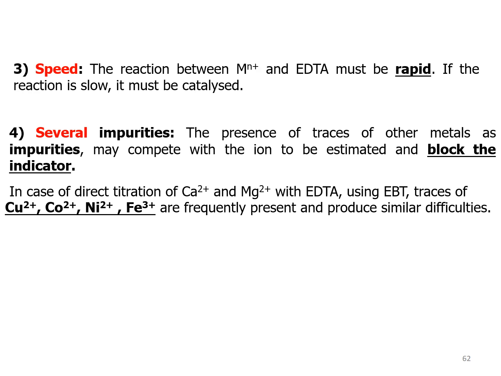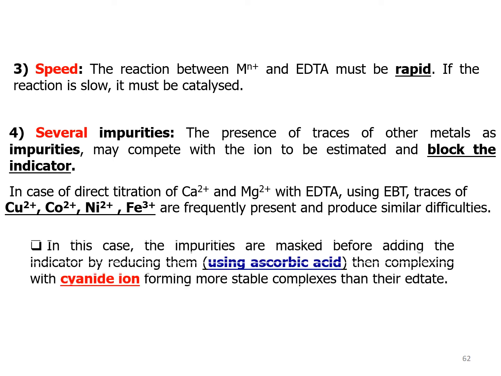For example, as we discussed earlier, in the titration of calcium and magnesium with EDTA using EBT, traces of other metals such as copper, cobalt, nickel, and ferric are frequently present and produce similar difficulties in this titration.